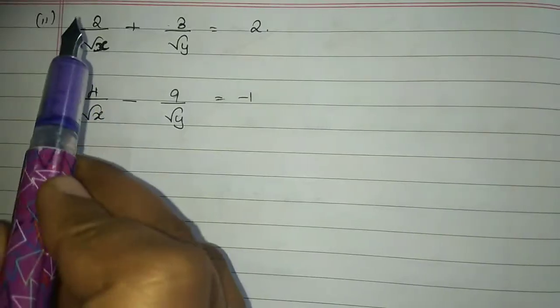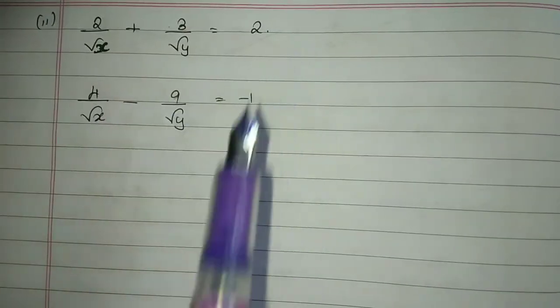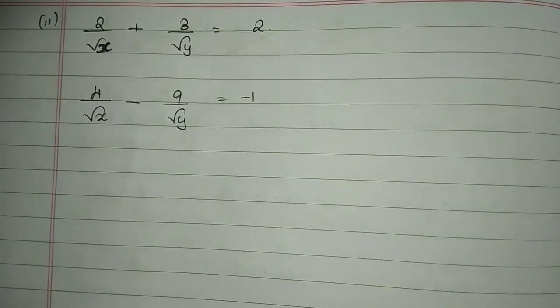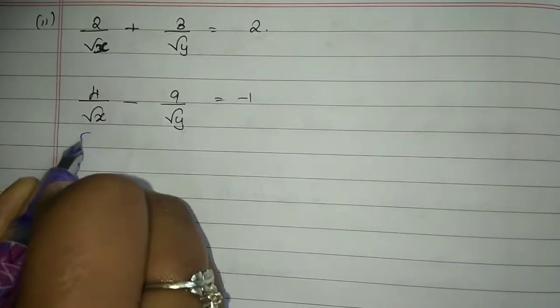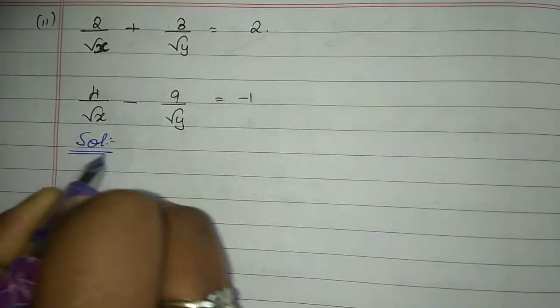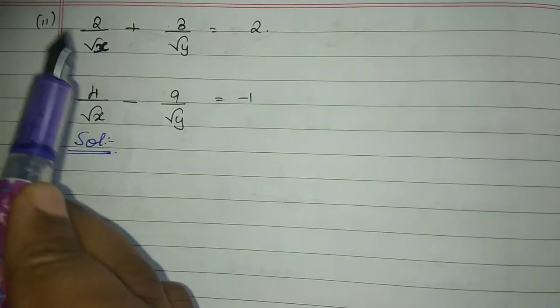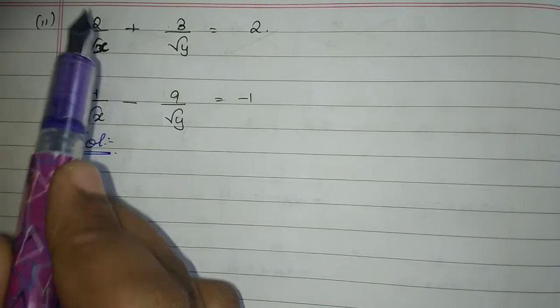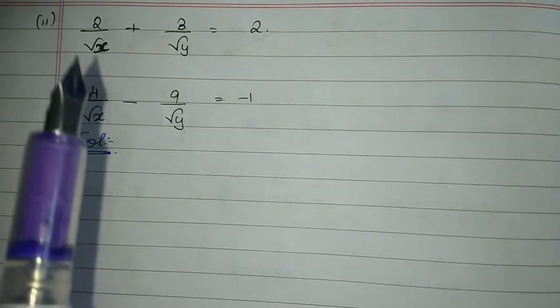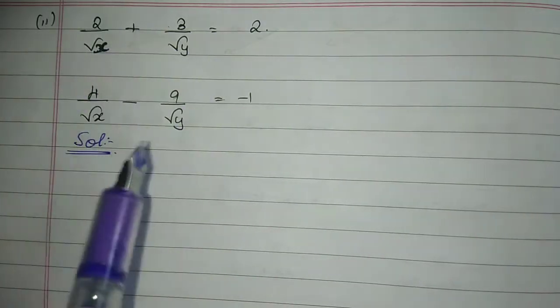That's it. Now we have the next pair of equations that is given, and here also we will be reducing it to a pair of linear equations. So even in this question, we will be just looking at the variables here. It is root x, root y, root x, root y, and it is also in the form of 1 by root x and 1 by root y in both the equations.